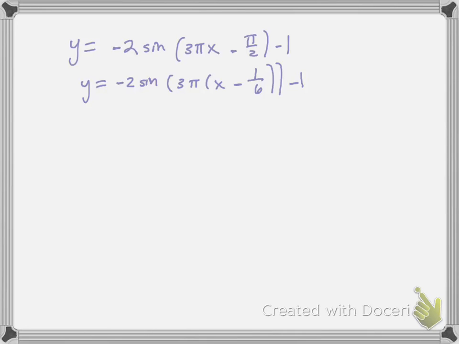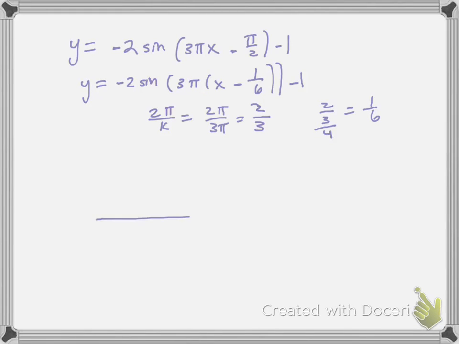Now when we look at the period, we know that the period is equal to 2 pi over k, and at this point k is going to equal 3 pi, so this is 2 pi over 3 pi, which equals 2/3. So our period is 2/3, which means that our intervals are going to be 2/3 over 4, which equals 1/6.